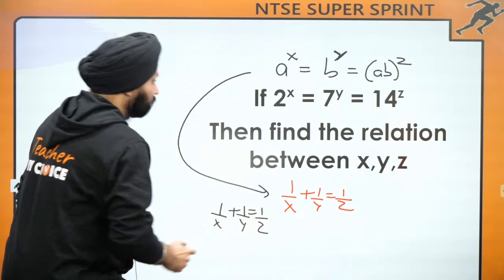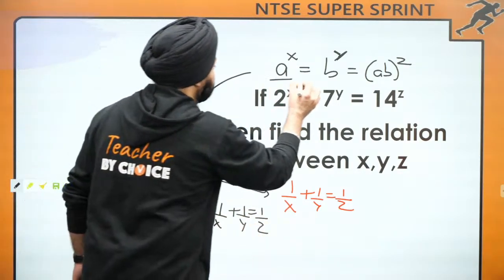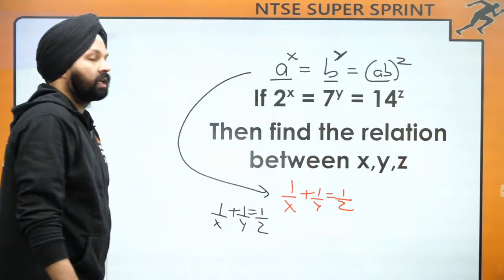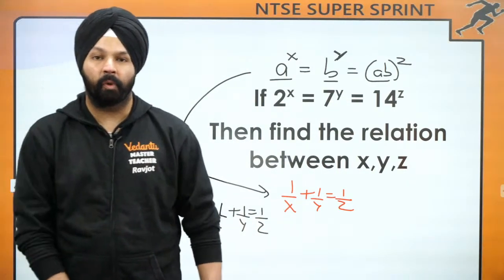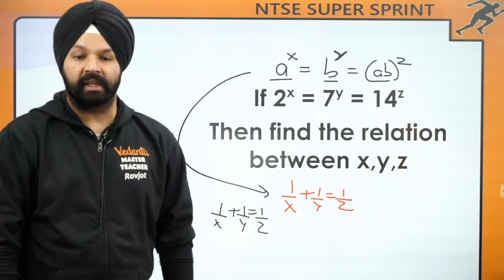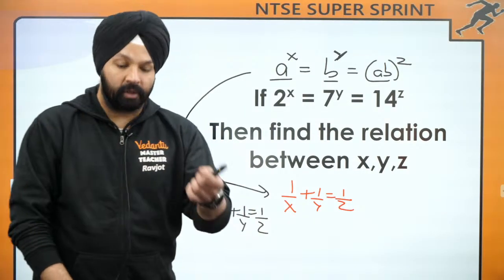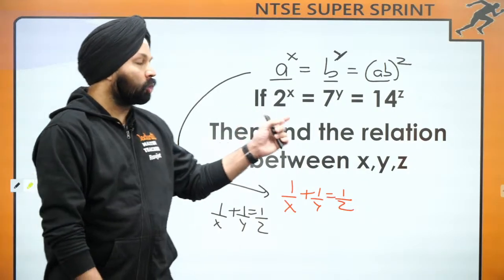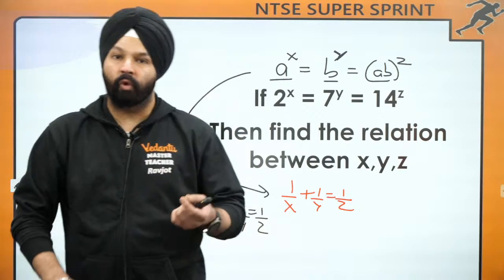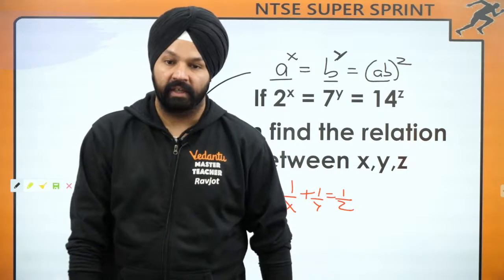The only condition is that if this is a, this is b, this should be the product of a and b. So please remember this, it is very important. It is used directly and indirectly in many questions, and a question can come directly on this in any format. He may change 2 to 20, 7 to 70 and 14 to 140, anything like that, right?